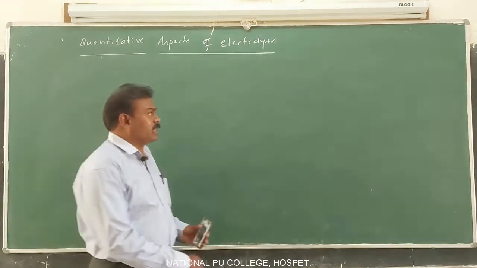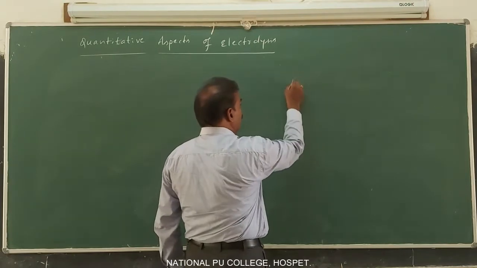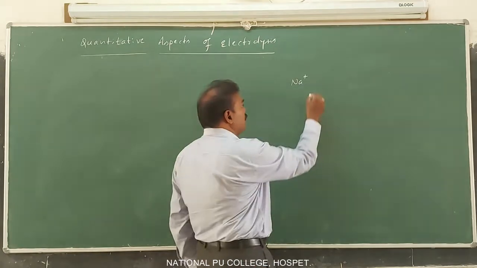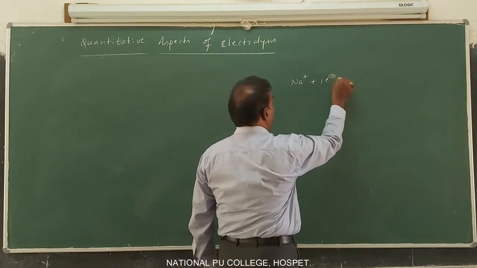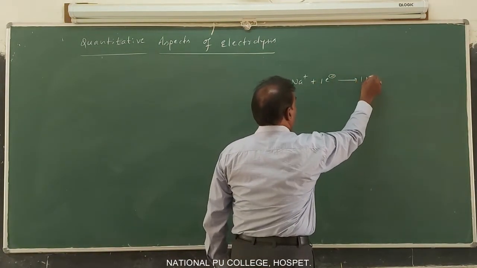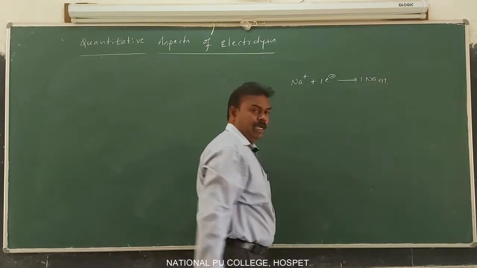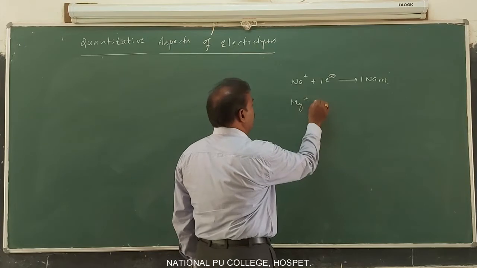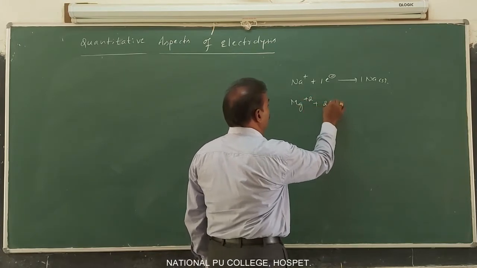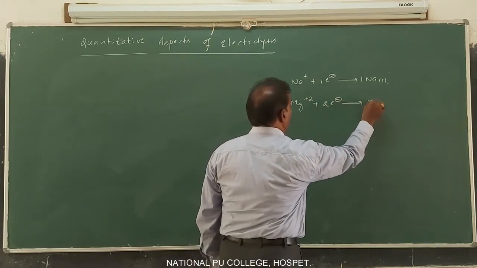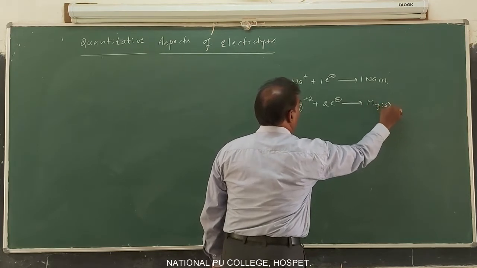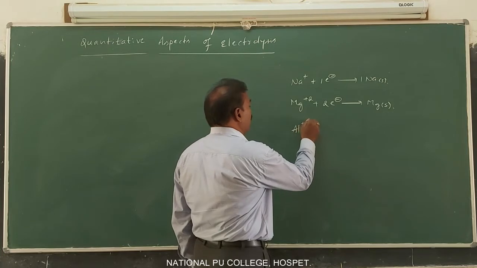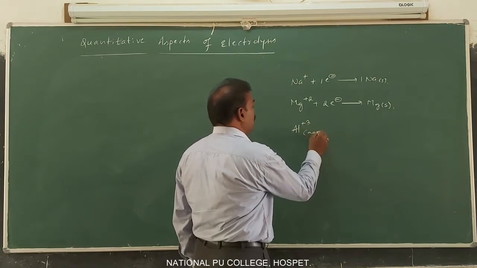Suppose we take the sodium ion. How much electric current is required? Here 1 mole of electrons is required to deposit 1 mole of solid sodium. Similarly, if you take the magnesium ion, it takes 2 moles of electrons to form 1 mole of magnesium. Similarly, take the aluminum ion, which has a charge of +3 in the aqueous state.